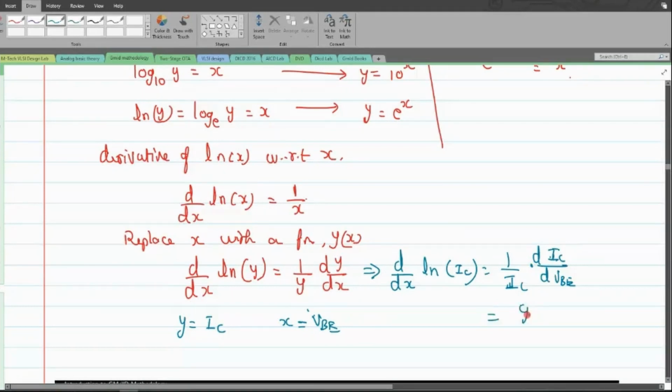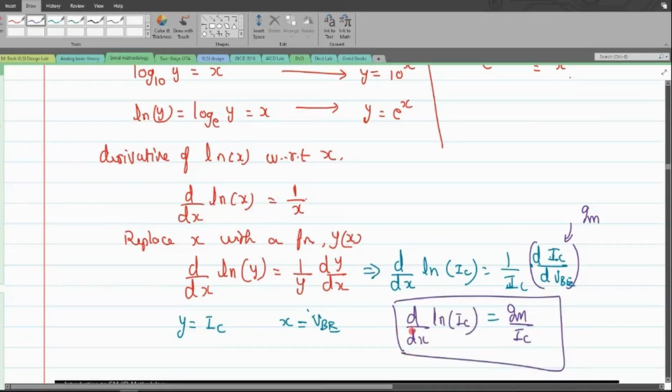So I could replace this term with gm, which represents the gm of my circuit. We finally end up with gm divided by IC, and this gm divided by IC represents the first derivative of a logarithmic collector current.